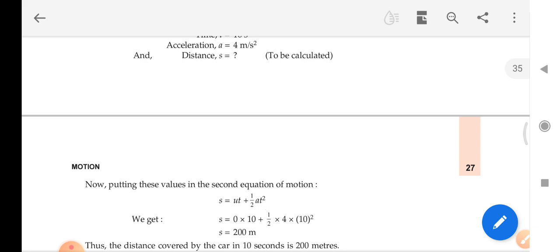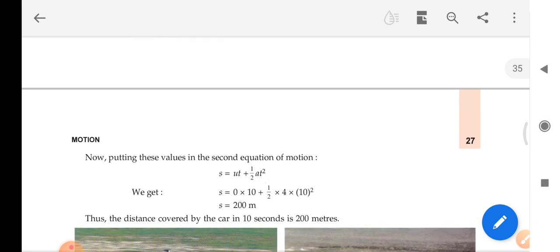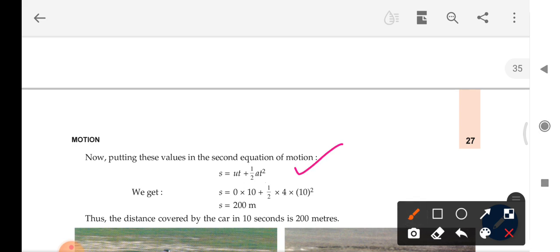You know the second equation of motion formula, s equal to ut plus half at square. The value of u is 0 and the value of t is 10, plus half into the value of a is 4 and the value of t is 10 square.